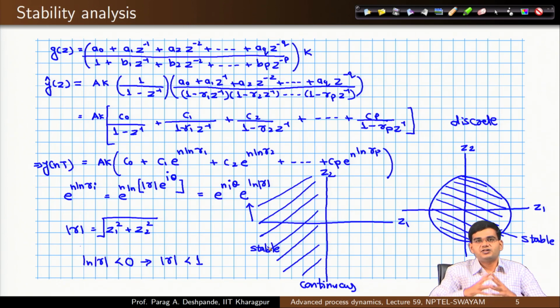We studied the effect of the form of transfer functions on the dynamical features, the speed of dynamics basically, and today we also looked into the effect of the features of the transfer function on the stability of the system.